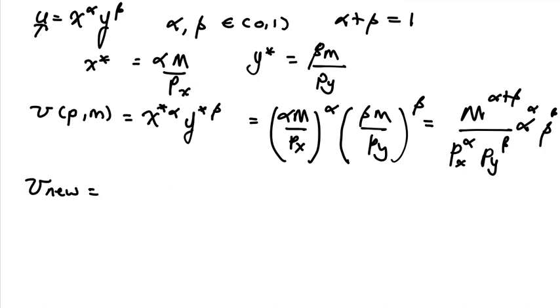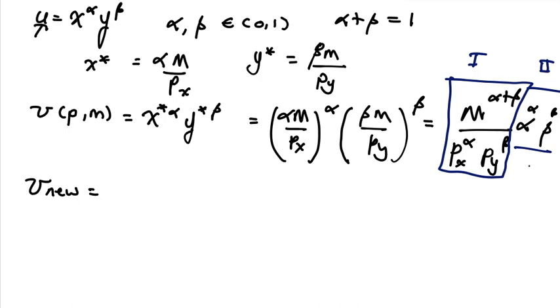Let me use a different color, that is blue. If you see here, the indirect utility function consists of this and also this. The first one consists of m, income, and also the prices of the two goods, x and y. But the second one here consists of constants.